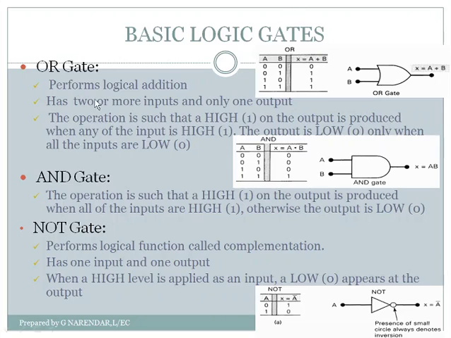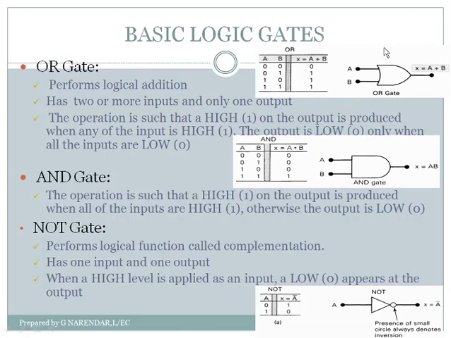The OR gate in general has two or more inputs and only one output, and here I consider only two inputs, the input variables A and B, and the output variable X. As we mentioned already, every logic gate is given a logic symbol, and this is the symbol given for the two input OR gate.